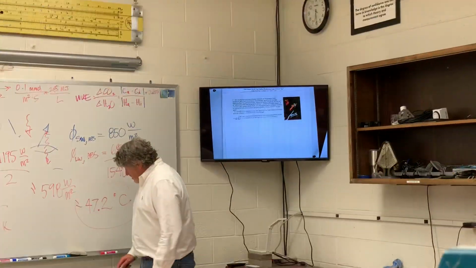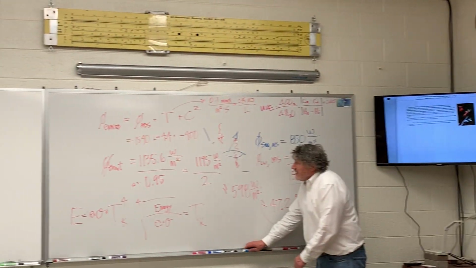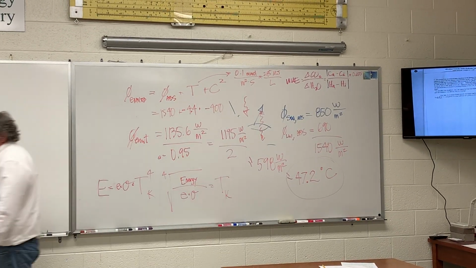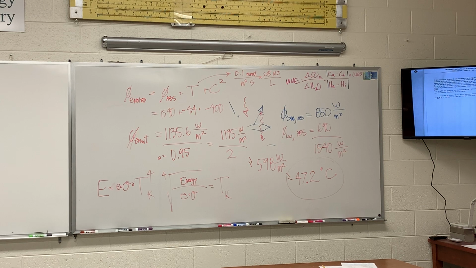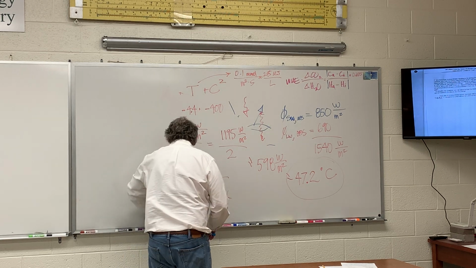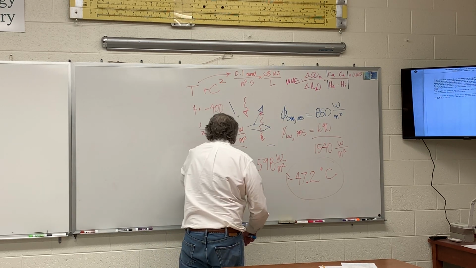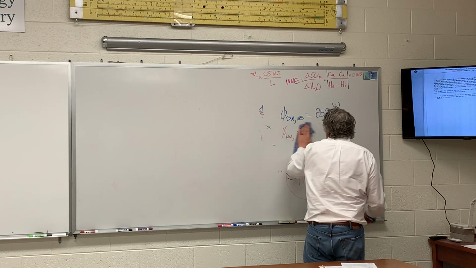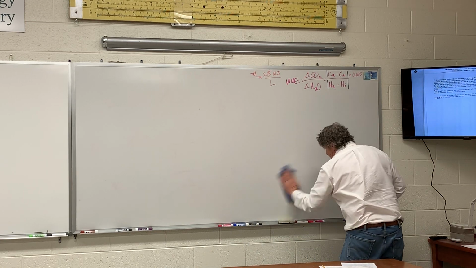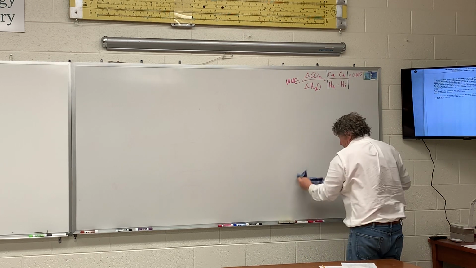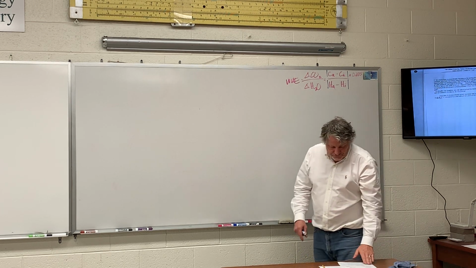So the first part of this, and now I'm going to erase this, to give ourselves some more room to work here. We'll leave that up there, it didn't take too much room.